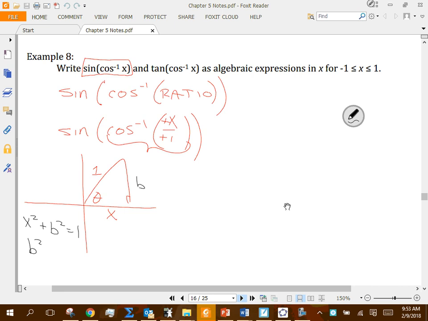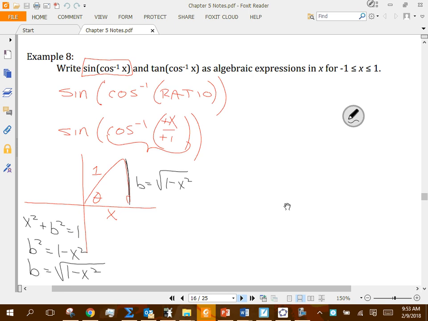Would you agree that b squared is equal to 1 minus x squared? And then b would equal root 1 minus x squared, right? Now it would be a plus or minus. What quadrant are we in? First, and that distance right there in the first quadrant is positive.